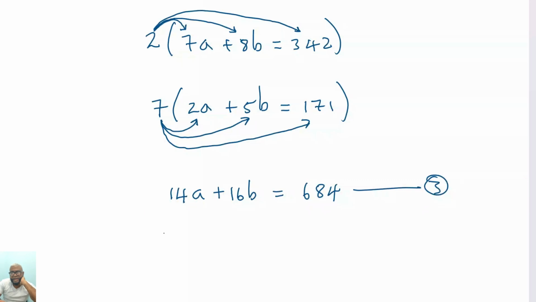And then 7 by 2 is 14, 7 5s are 35B. And 7 by 171 is 1197. Excellent. Equation 4.